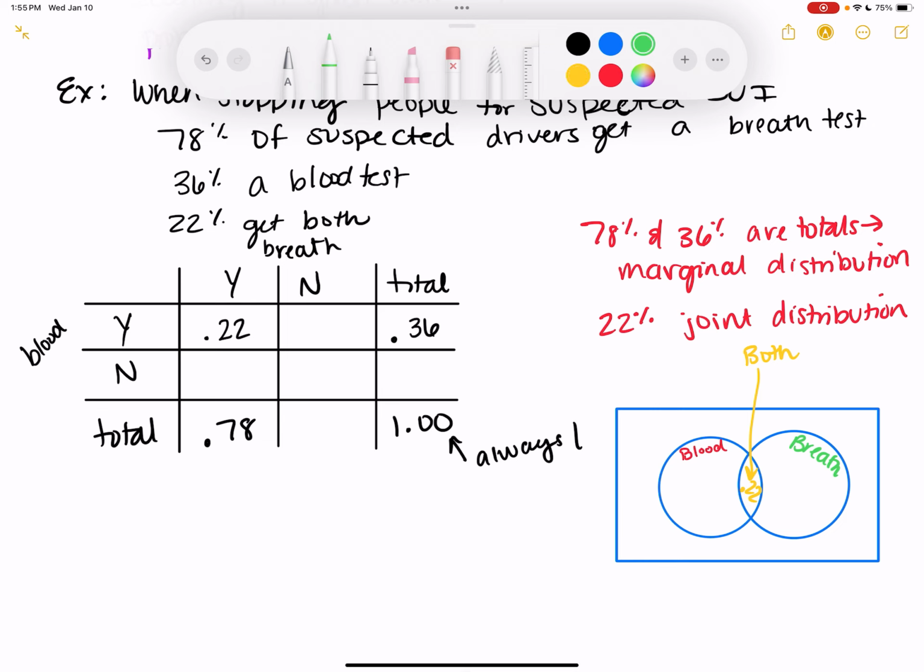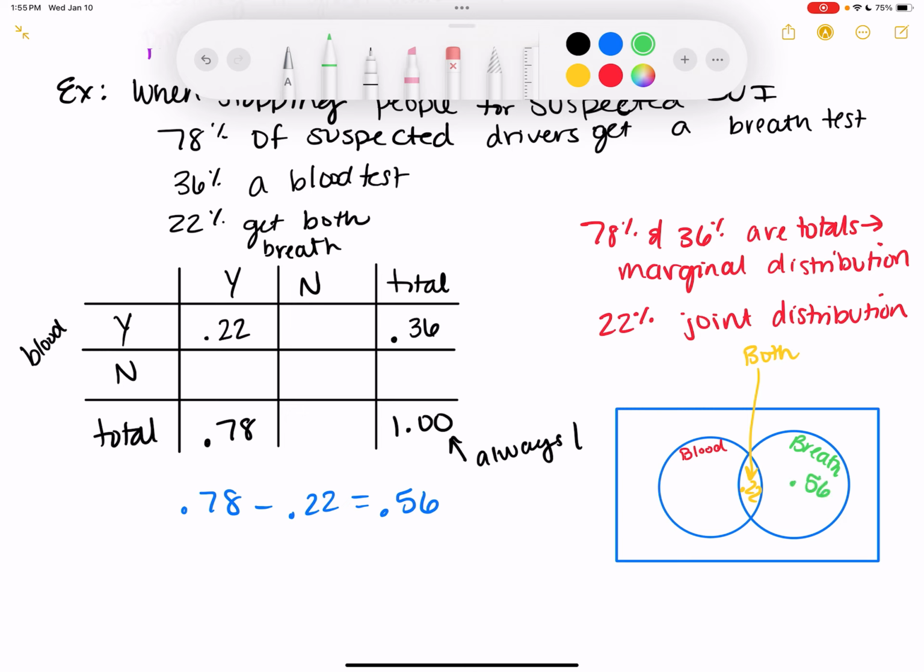Then for breath and blood, remember we have to subtract off from the total that got a breath test. We have to subtract off that 22%, okay? So we're going to do 0.78 minus 0.22, which is going to be 0.56.